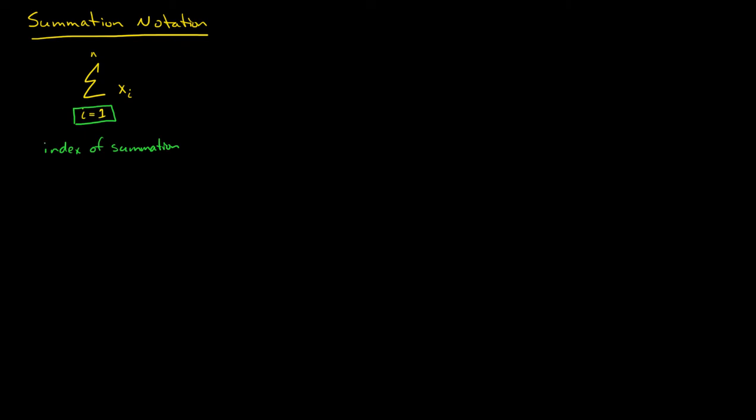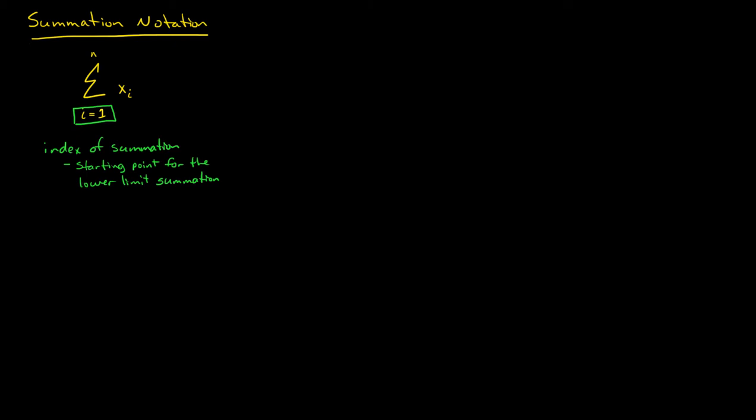This i equals 1, the index of summation, is essentially just the starting point for the lower limit of summation. So where are you going to start at? That's all this is saying. You're going to start with the very first number in the data set. That's what i equals 1 means. And we're going to do a couple examples over here briefly to make sure that we completely understand this.